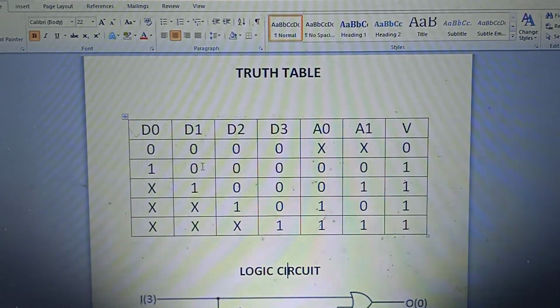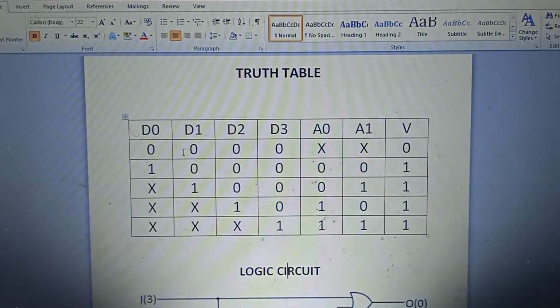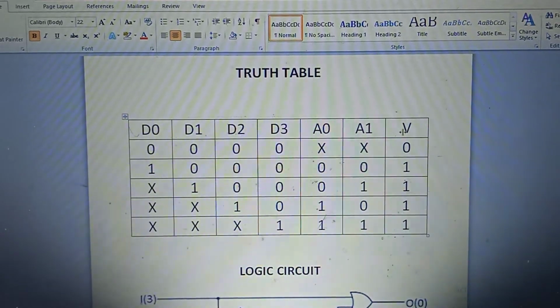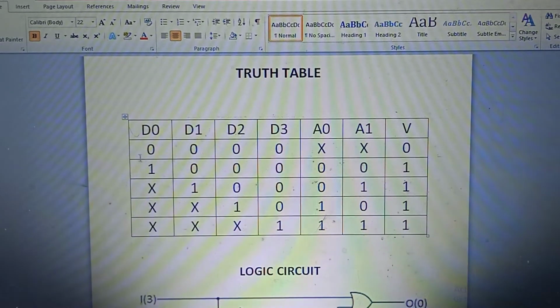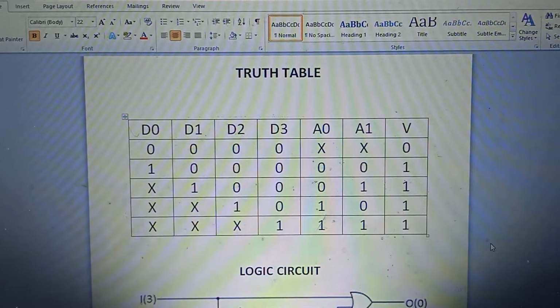our outputs. If our inputs are 0, 0, 0, 0, then our A0 and A1 are X, or don't care, then B is 0. Then if D0 is 1 and the rest are 0, then A0 and A1 are 0, then B is 1.